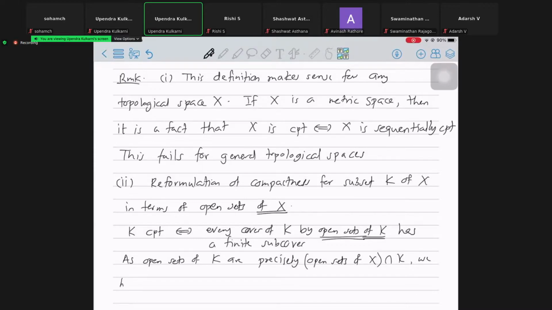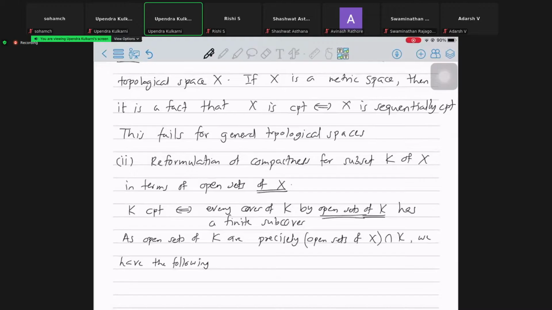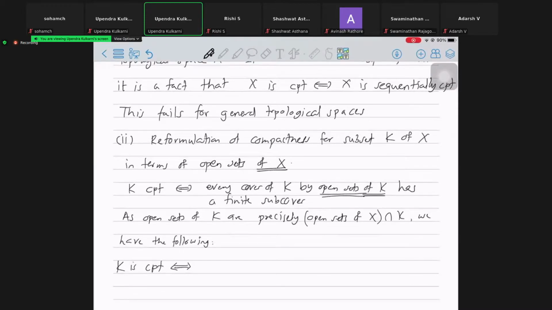We have the form, if and only if. So let's run through this. If K is compact, that means that if I'm given any family of open sets of K covering K. Now, what does that mean?